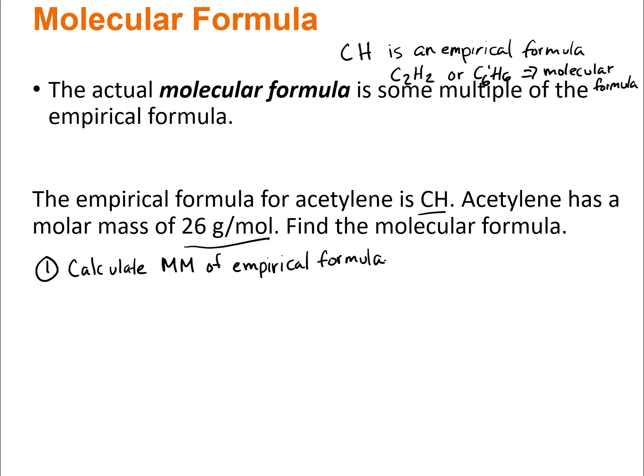So we're going from the empirical formula and molar mass of a compound to find the molecular formula. The first thing you have to do is calculate the molar mass of the empirical formula. Our empirical formula is CH, which is pretty easy.